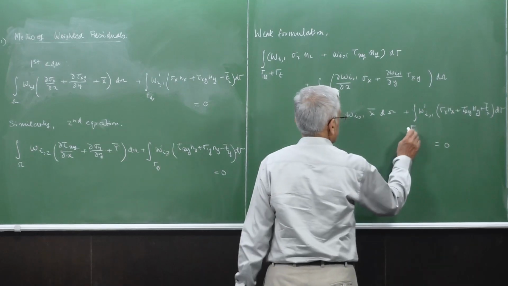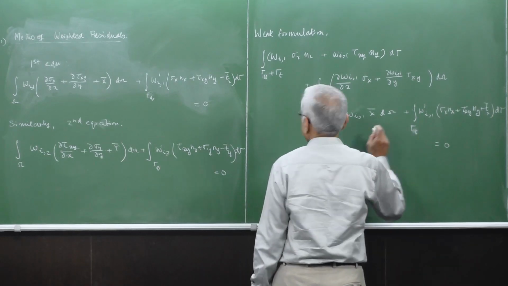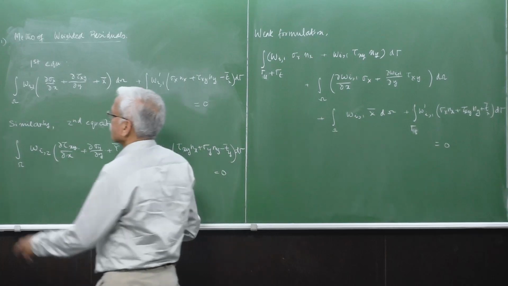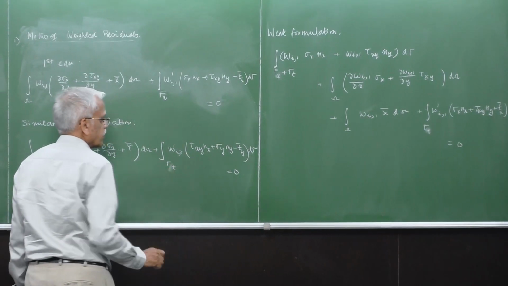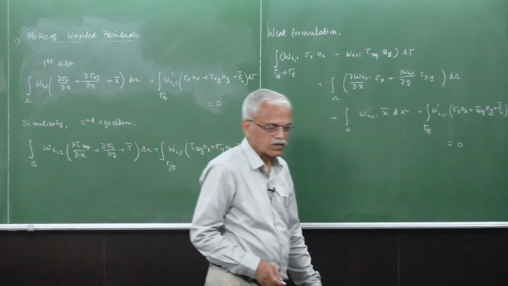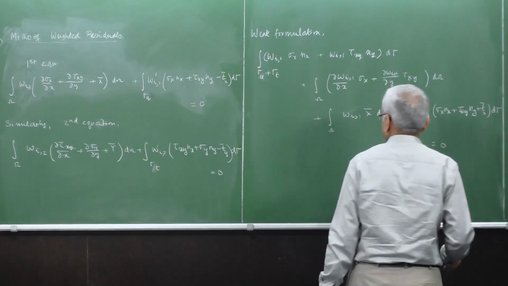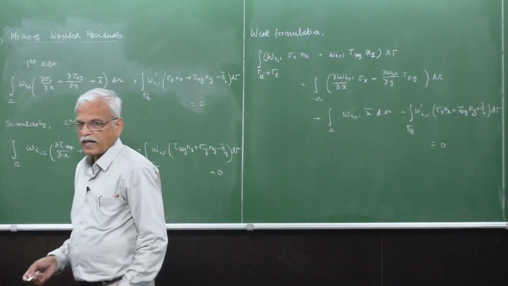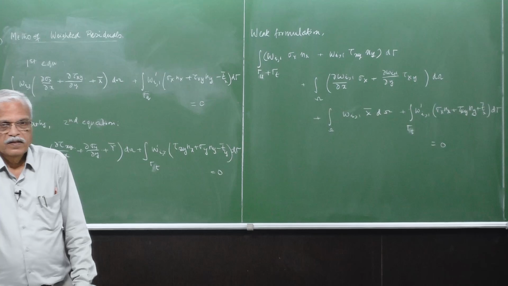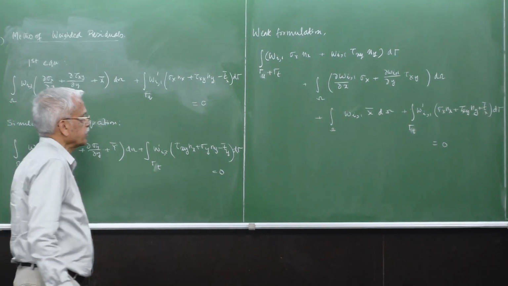I think I am calling it gamma T. There is some amount of confusion here, so let me put it as the traction boundary condition. Either I am using it as T or Q: Q is in relation to heat conduction, and T is more akin to the solid mechanics application.